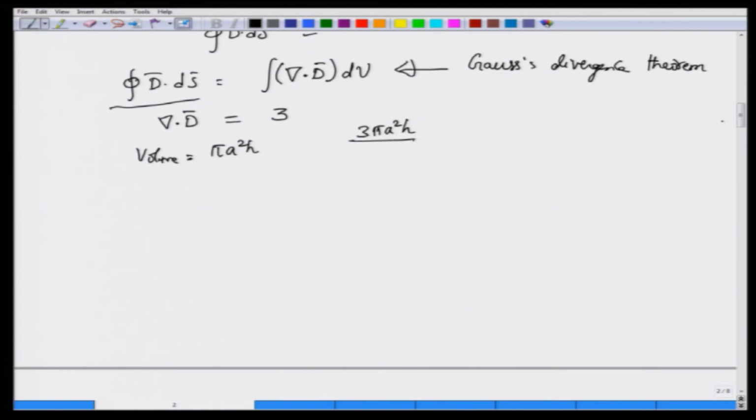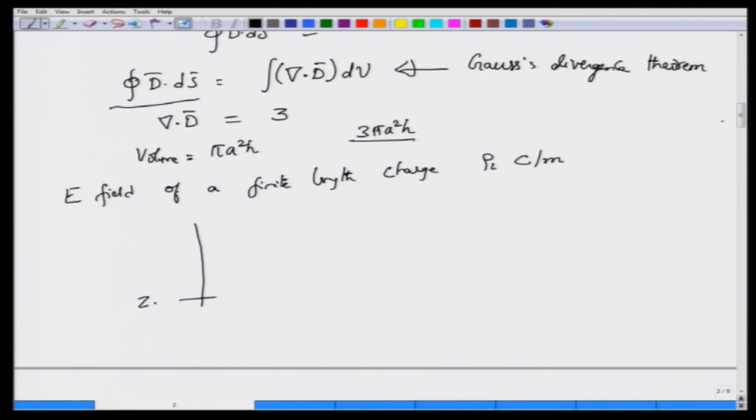Here I want to consider calculating the electric field of a finite length charge which has a uniform charge density of rho L coulomb per meter. The charge is lying along the z axis, between the points or planes z1 and z2.